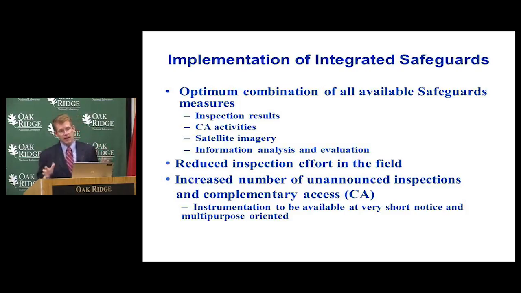So if the agency can get all the information it needs from a fully cooperative state, then it should be able to spend less time in the field to reach the same types of conclusions. So that is one of the important benefits of moving towards this integrated safeguards. The other is just to increase their budget 100-fold, and then the same number of inspections could be done elsewhere. But we are all limited by budgetary constraints.